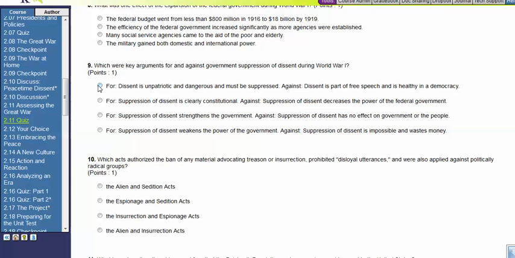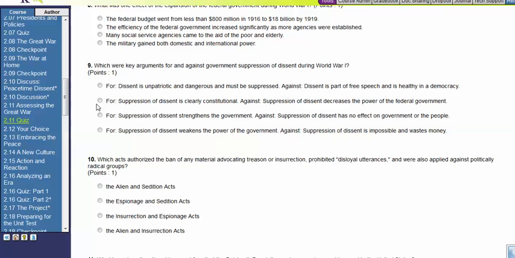Number 9, which were key arguments for and against government suppression of dissent during World War I? For, dissent is unpatriotic and dangerous and must be oppressed. Against, dissent is part of free speech and is healthy in a democracy. For, suppression of dissent is clearly constitutional.